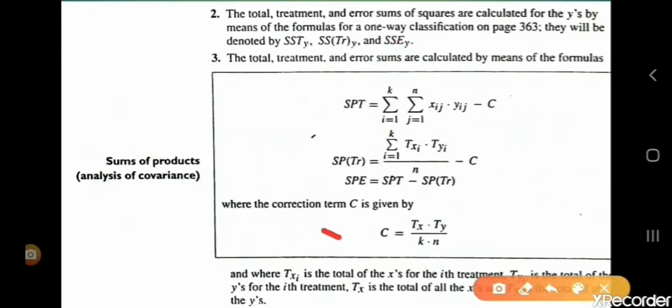The correction factor is calculated by Tx into Ty divided by k into n, where Tx is the total of all x, and Ty is the sum of all y's, and k is the total number of treatments, and n is the total number of levels. Clear?